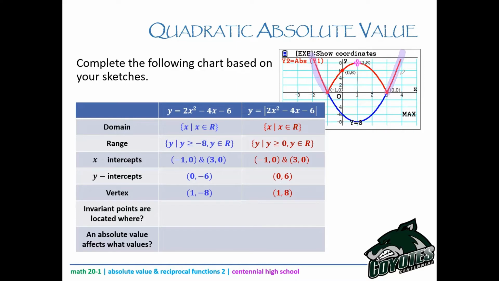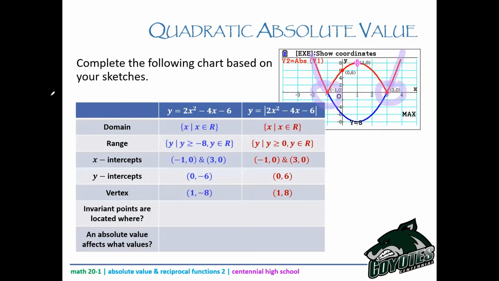Every point I've highlighted there is an invariant point. It's a point that remained unaltered. Now, there are 2 invariant points in this particular graph that we would talk the most about, and that is where I'm changing from the positive version to the negative version, or the negative version to the positive version, and that would be the x-intercepts right here.